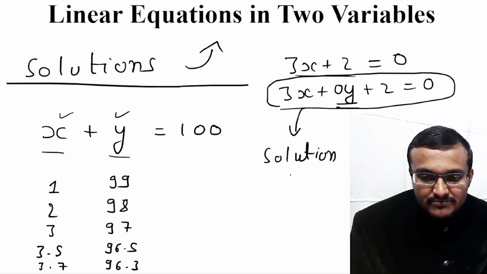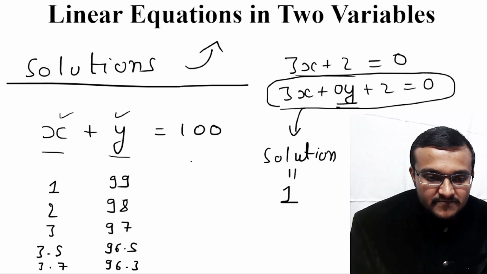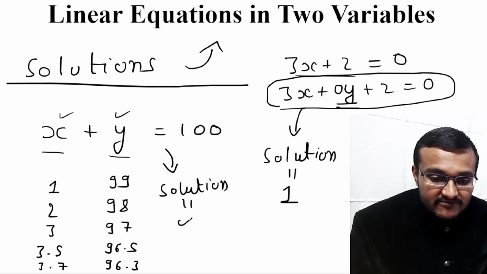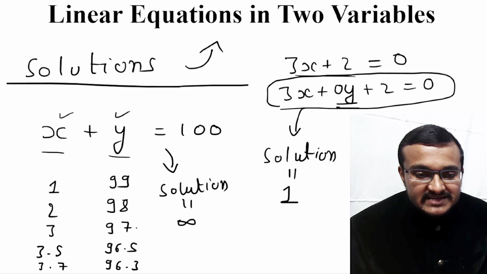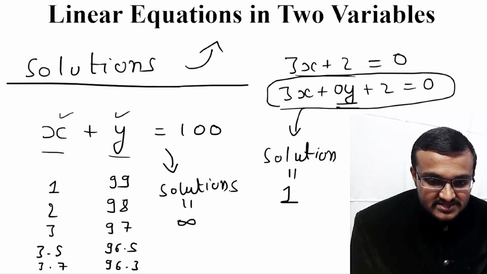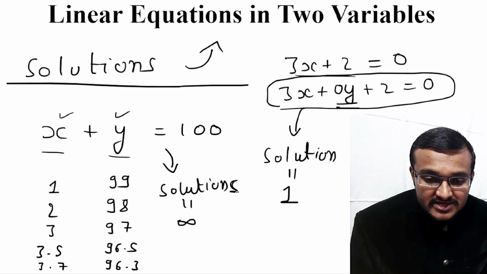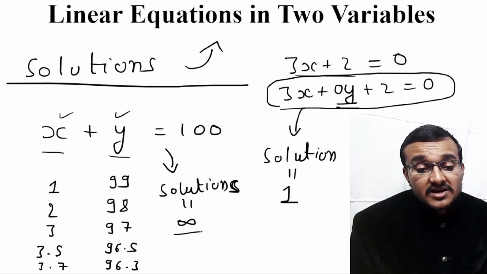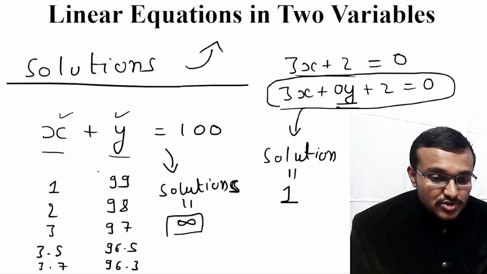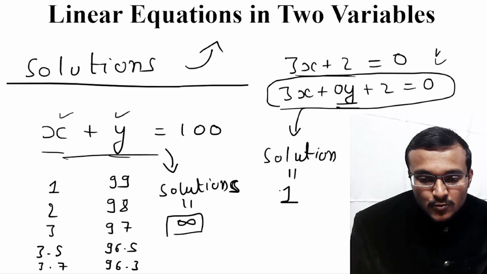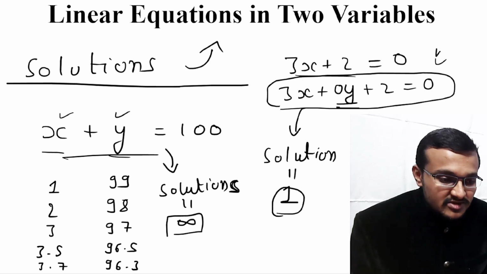In this example, the solution is equal to 1, but in the other example, the number of solutions is infinity. That means infinitely many solutions can exist. So it is not one solution, it is solutions. Infinitely many solutions are possible for this equation, and for this equation one solution is possible.